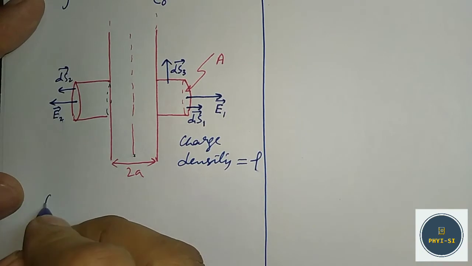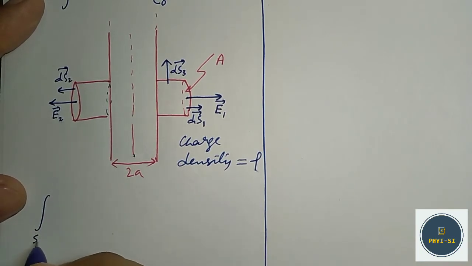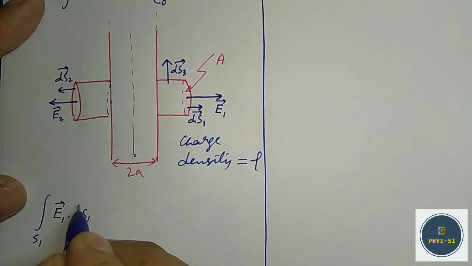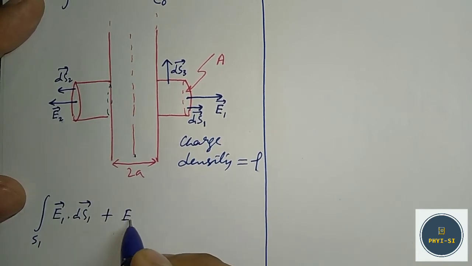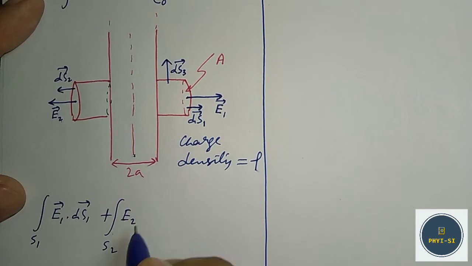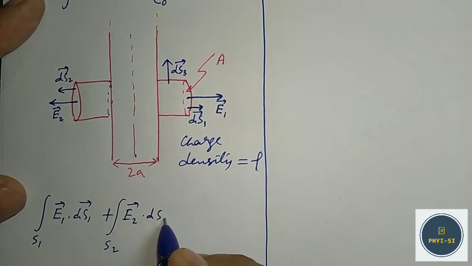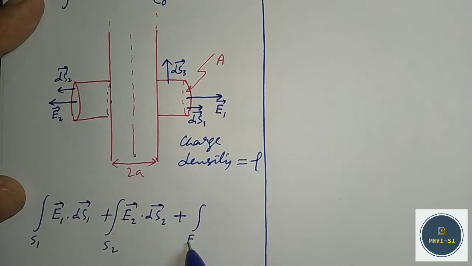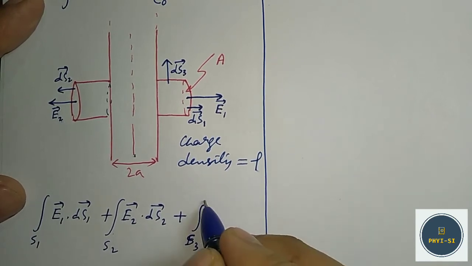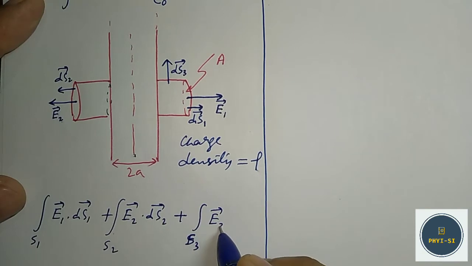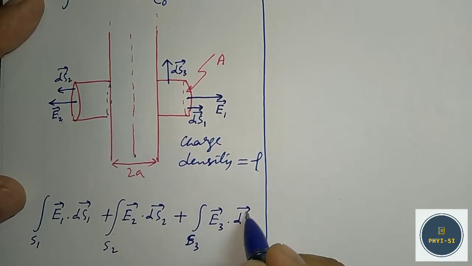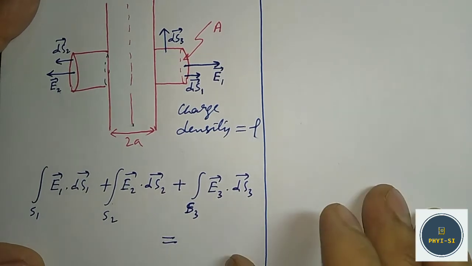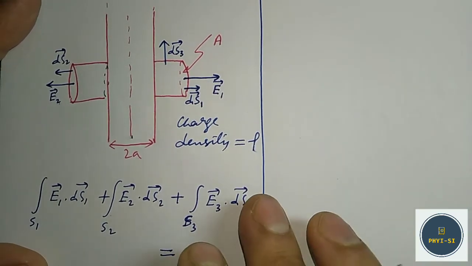On S1 we can write E1 dot ds1, then on S2 E2 dot ds2, and then on S3 E3 dot ds3. It is very simple, and this will be equal to the charge enclosed.